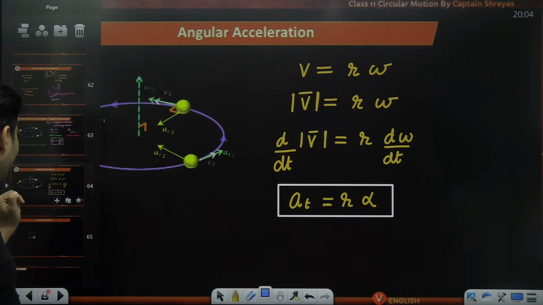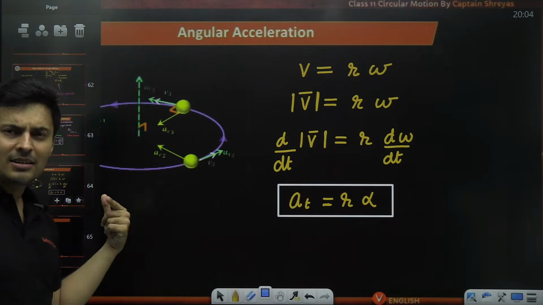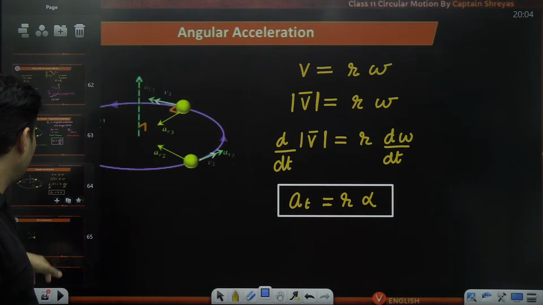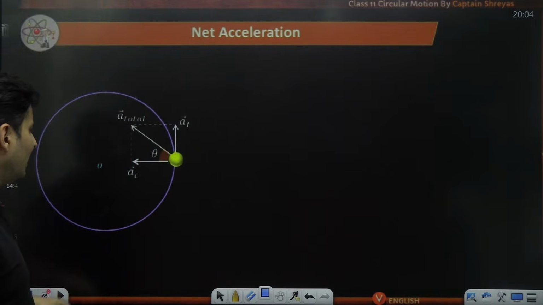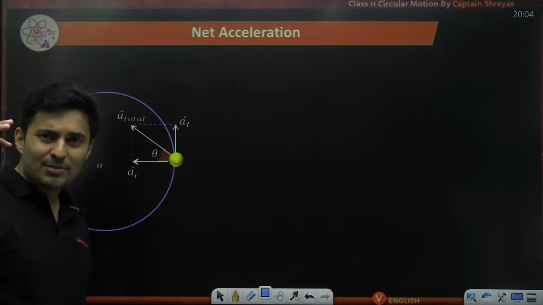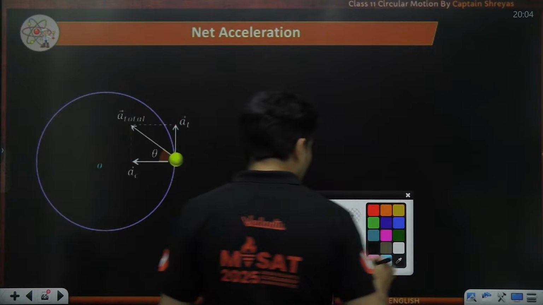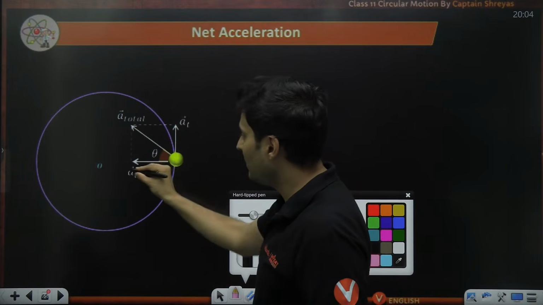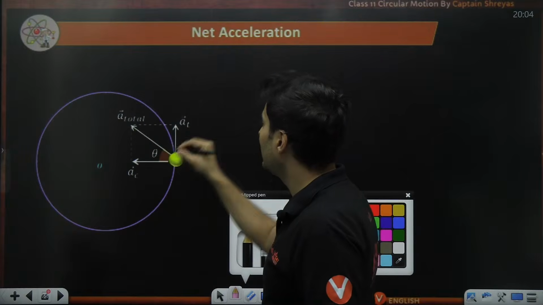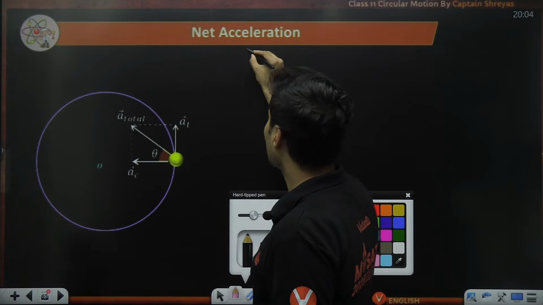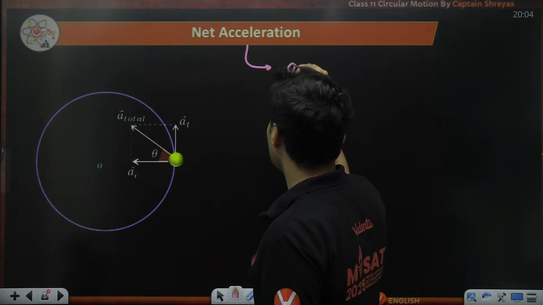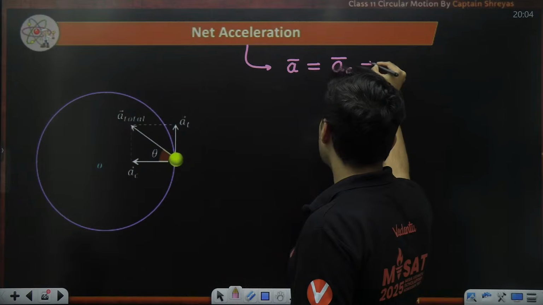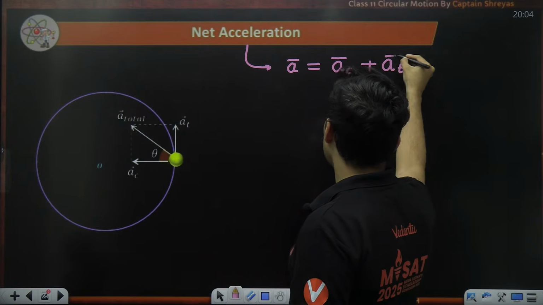So now you might be wondering, sir, if there is a non-uniform circular motion, it has tangential acceleration, it also has centripetal, won't it have total acceleration? You are absolutely correct. Tangential acceleration will be in one direction, centripetal will be in another, and the resultant will give me the net acceleration. So that net acceleration A is simply the vector sum of centripetal and tangential.